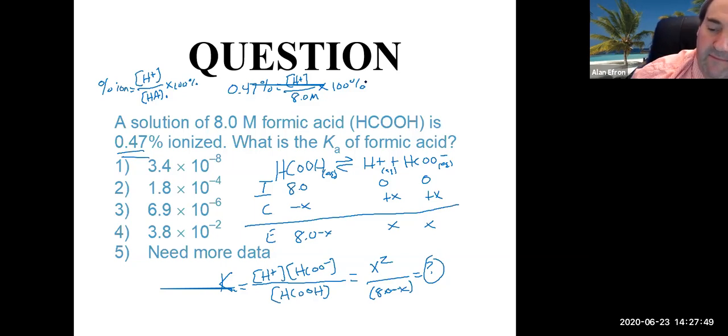So we're going to take 0.47 times 8 divided by 100, or essentially you're taking 0.47% of 8, basically, or 0.047. And that gives us an H plus concentration of 3.76 times 10 to the minus 3 molar in that case.